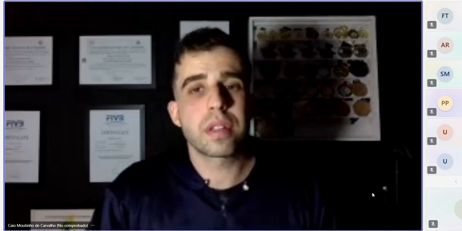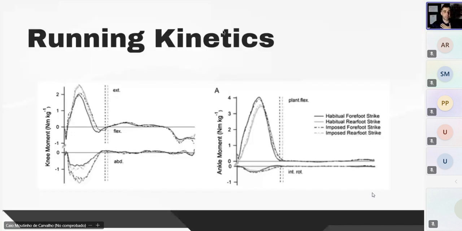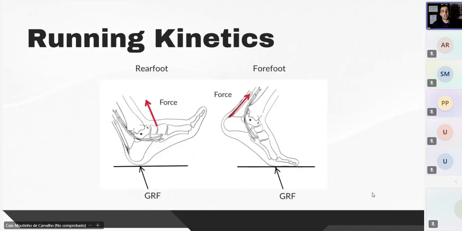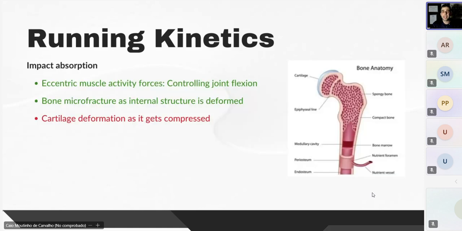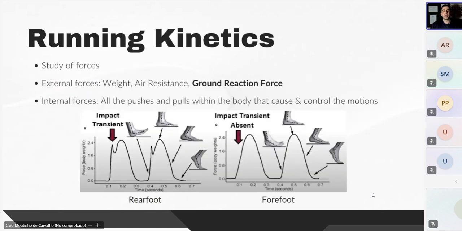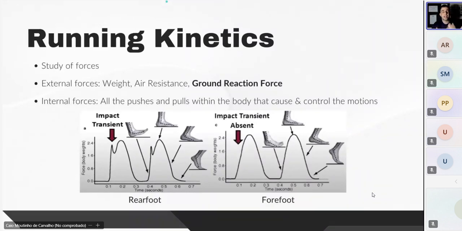All right. So I don't think we should. Again, I can't say for certain if we should change the way that an athlete runs because normally they've run like this since they were born. They are used to that kind of running, and sometimes it's not that damaging. But of course, if we see a player that is running some way that would be damaging to him, I would definitely indicate a change of running style for that athlete.